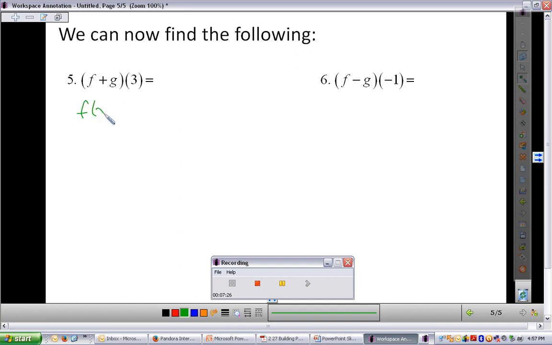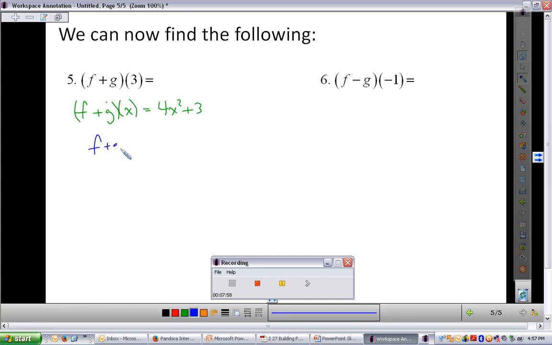So we just found out from our previous examples that f plus g of x was 4x squared plus 3. So when I'm looking for f plus g of 3, what that means is I am plugging in the 3 for x. So let's go ahead and do this.